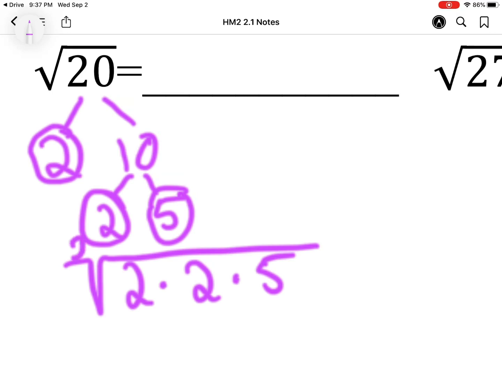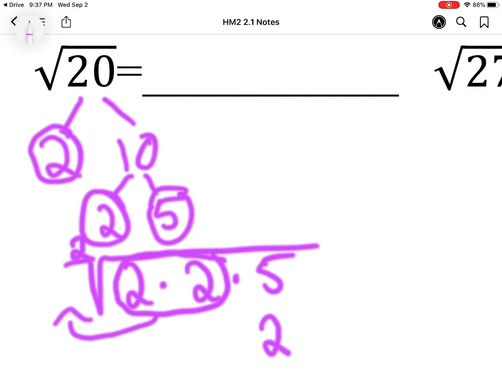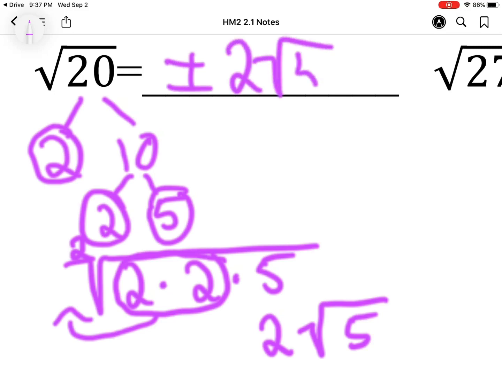There is no indicated index, so we can assume it's 2. So we're looking for a group of 2 things that are the same. There are 2 2's. They move out of the house and become a single 2. The 5 stays underneath the radical. So our answer is plus or minus 2 times the square root of 5.